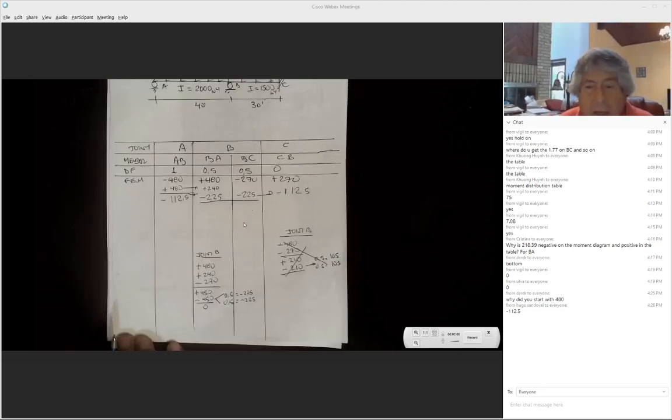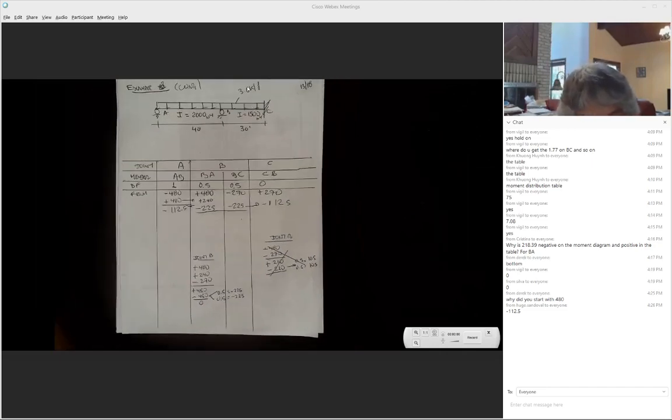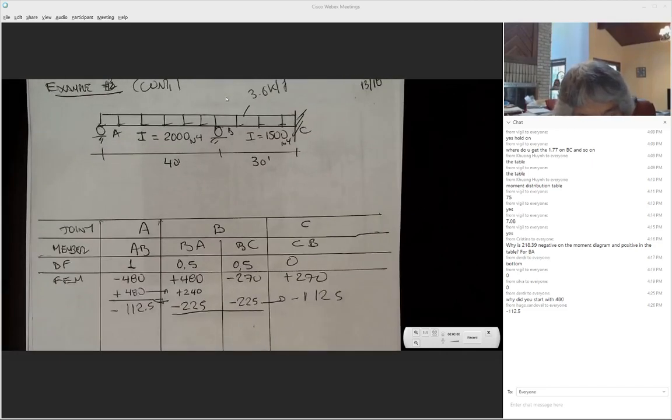Okay. There's a question, why did I start with 480? I can start at any joint that is not in equilibrium. We started with minus 480 plus 240 minus 270. Is joint C, can I start in joint C?